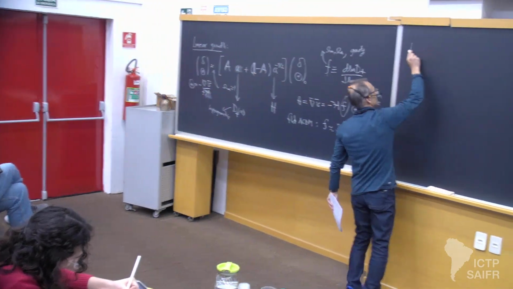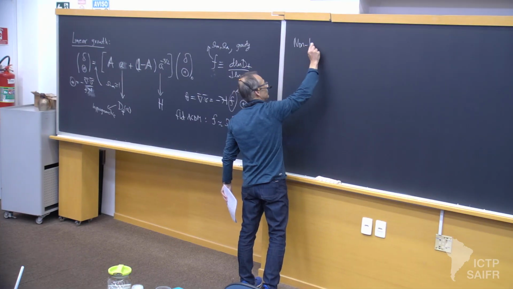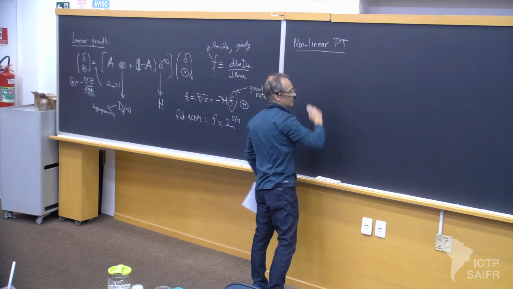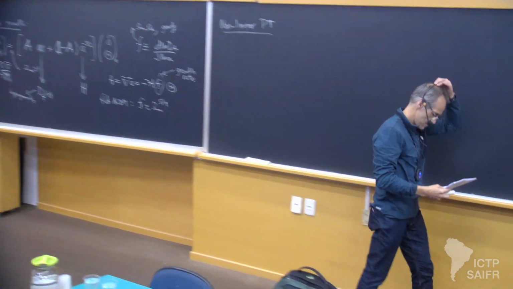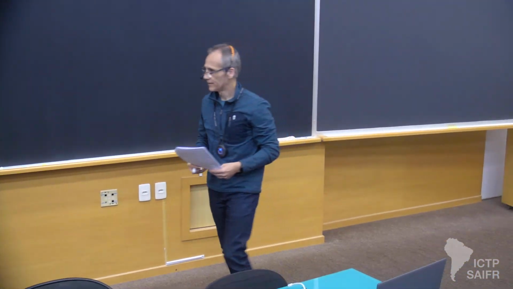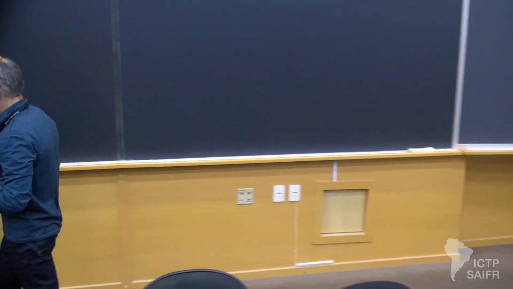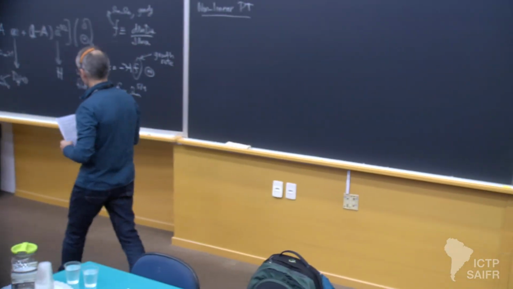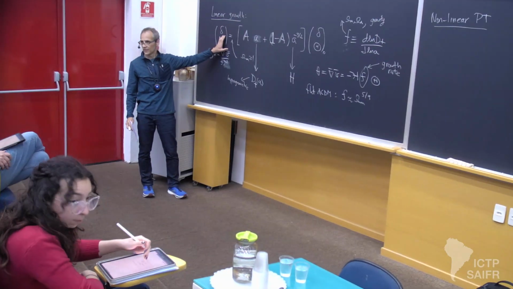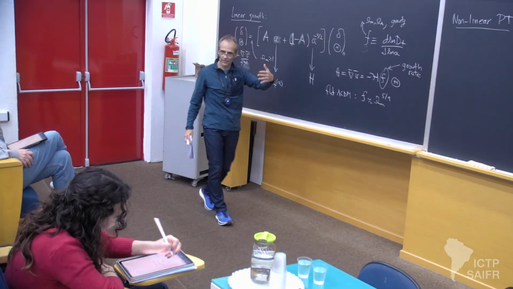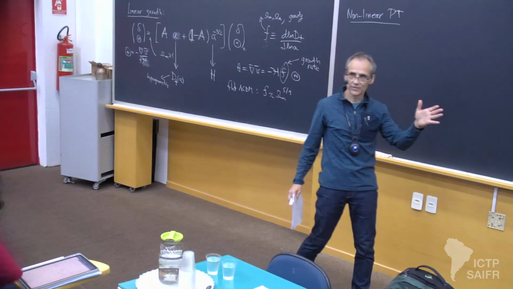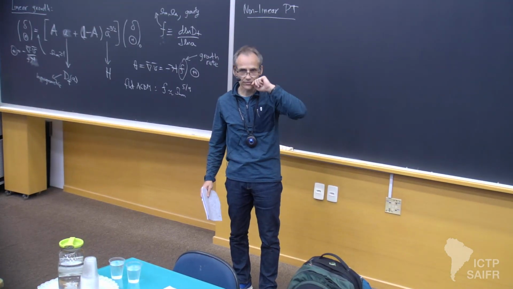So now let's go nonlinear. Let's now try to incorporate more physics. So since the fluctuations are growing, remember the rationale for using linear perturbation theory was that at high redshift, at early times, we know perturbations are very small, so we can linearize the equations of motion.